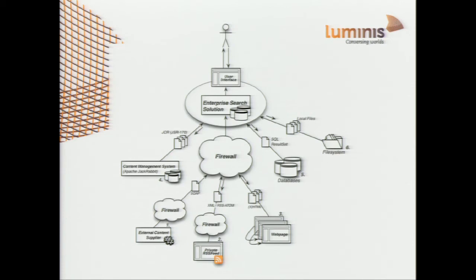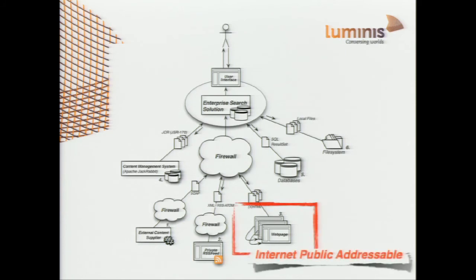We all know the famous directory structure where all the departmental documents are located. Google search can only search the internet public addressable information. But from an enterprise search perspective, there's a lot more interesting information available in your enterprise, and that should be found by the enterprise search solution.